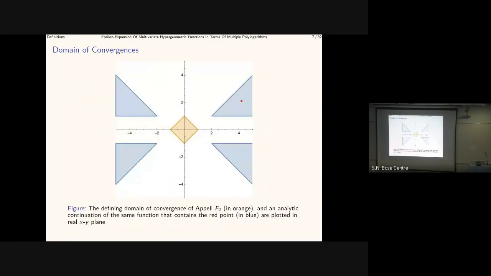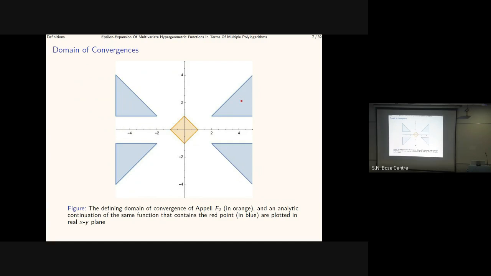When you say analytic continuation, you actually mean that you can find the value of the function. Yes. So you have to find another series representation that has support at that point. So if you can find another one which will look different from this one, or a mirror image of this with y equals to minus x, and in this way you cover the whole space, and there should be overlapping.